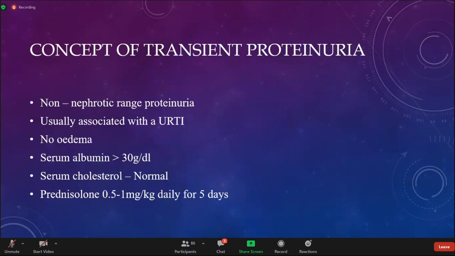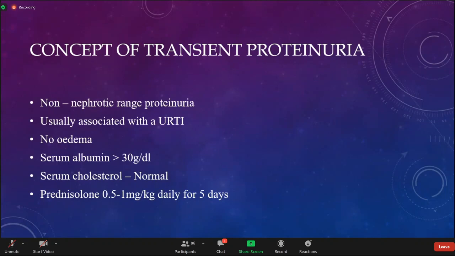I think you may start visiting wards during the next few years, and you will see children who have been labeled as having transient proteinuria. Transient proteinuria is where you develop proteinuria, especially associated with an infection, and it can end spontaneously or it can lead to a relapse.